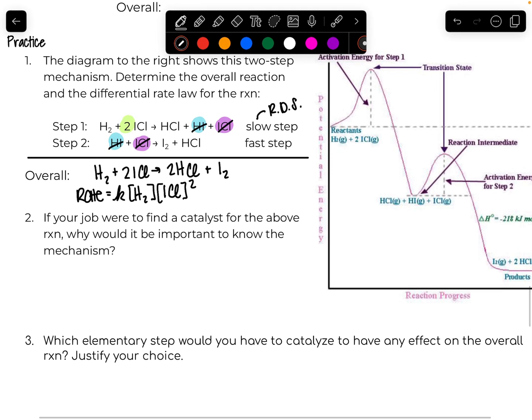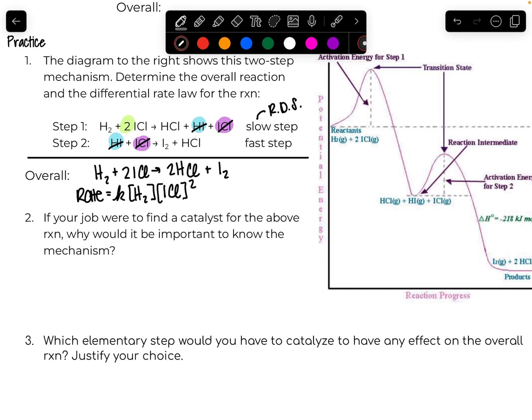Okay, so number 2, if your job were to find a catalyst for this reaction, why might it be important to know the mechanism? What's the point of a catalyst? Catalysts lower activation energy for a reaction by opening up a new reaction pathway. They open up a new reaction pathway, therefore the activation energy of that pathway is lower. So why would that matter? Well, you wouldn't want to introduce a catalyst in a step that has a lower activation energy already.